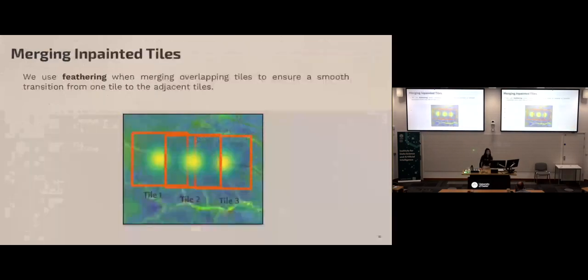Feathering ensures that there is a smooth transition from one tile to the adjacent tiles. Using feathering, we merge all the inpainted tiles, and then we integrate that merged inpainted tile with the non-corrupted regions around the corrupted region that we inpainted here.